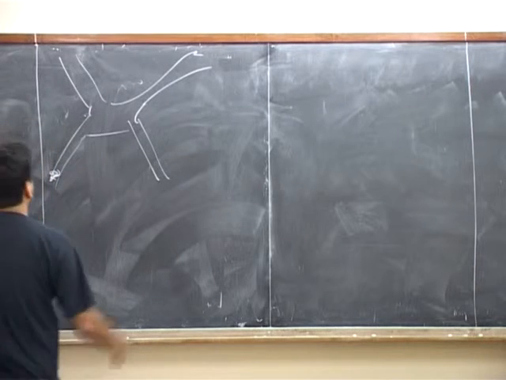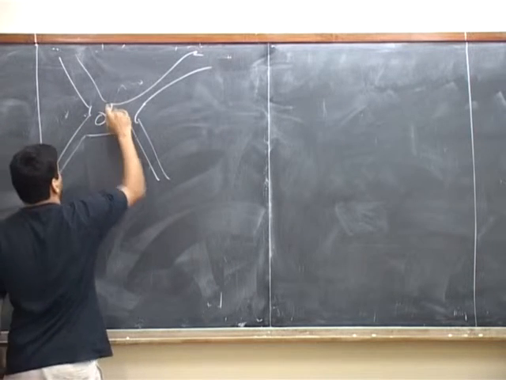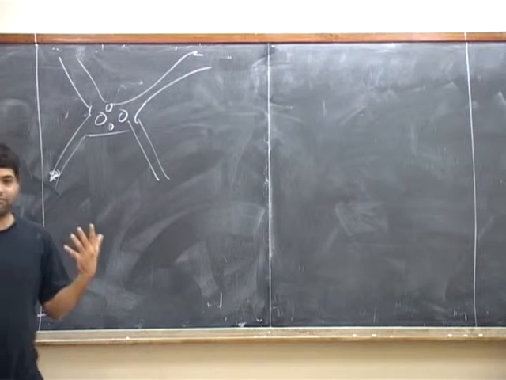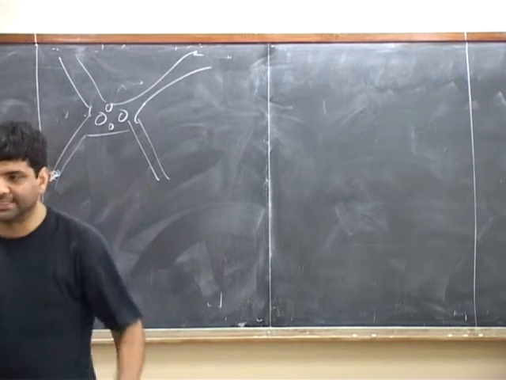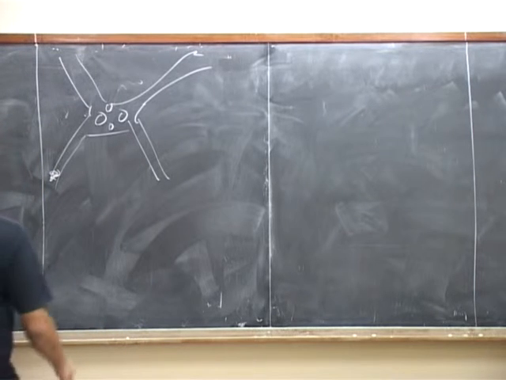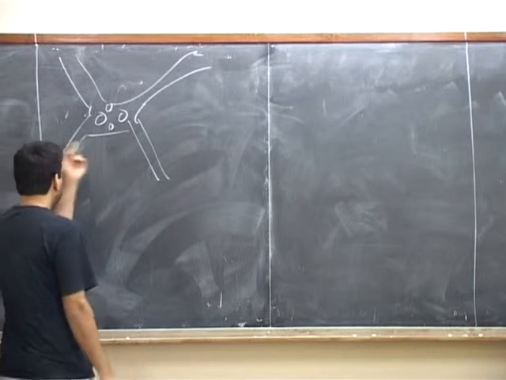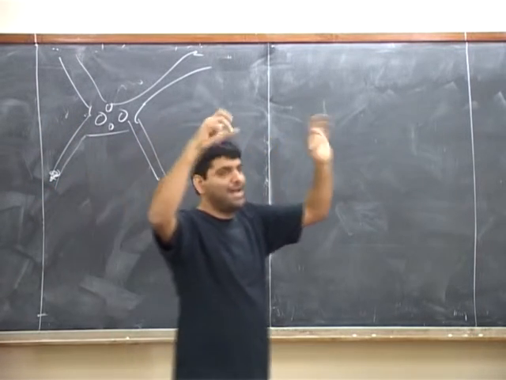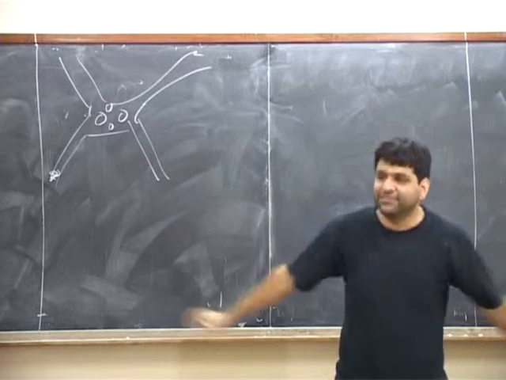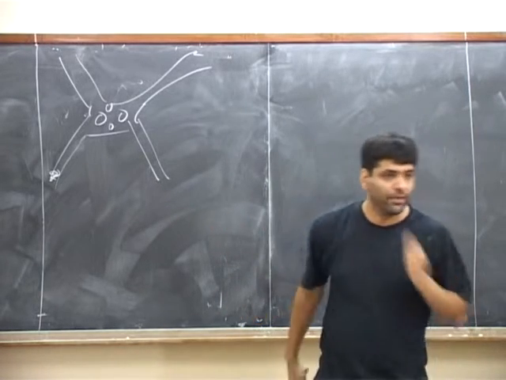Now, inside there you can have as many holes as you want. The number of holes would be related to the loop order of the relevant process. Then we use the state operator map to replace each of these long tubes by an operator insertion. Which operator?